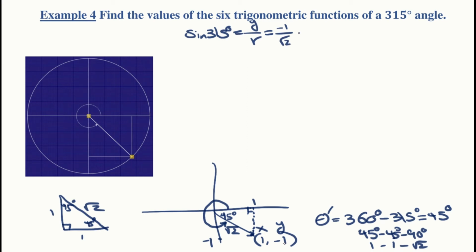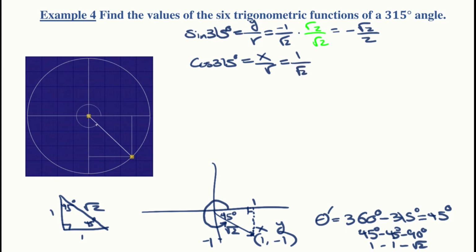Go ahead and rationalize that by multiplying by square root of 2 over square root of 2. So we end up with negative square root of 2 over 2. Now, for the cosine of 315 degrees, we get x over r. So x is positive 1, so we get 1 over square root of 2.